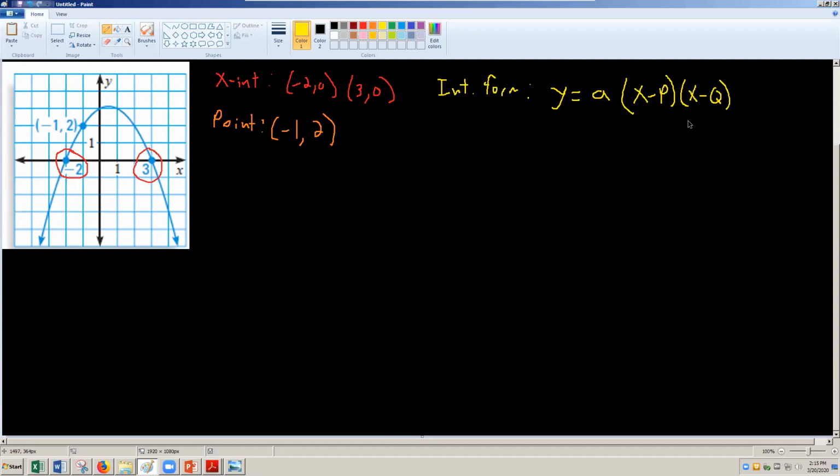So there is a slightly more complicated version of this where we have like alpha x minus p and beta x minus q. And the reason for that is like it can get a little bit more complex. It doesn't just need to be a simple one like this. So like 2x minus 3 for like an intercept where we're going to get 3 halves as my actual x-intercept value. So it does get slightly more complex, but we're going to keep it simple to start here.